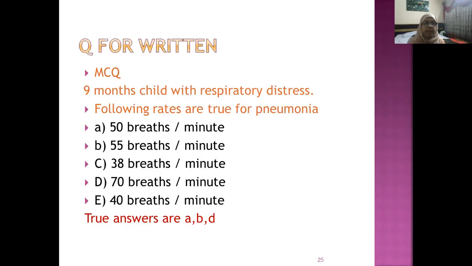So let's say 9 months, you have to remember the cutoff value for this age group. So the cutoff value was 50 or more than 50. So here the true answers are 50, 55, and 70. That is, A, B, and D is your true answer.